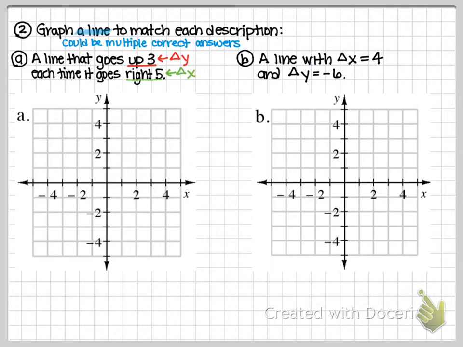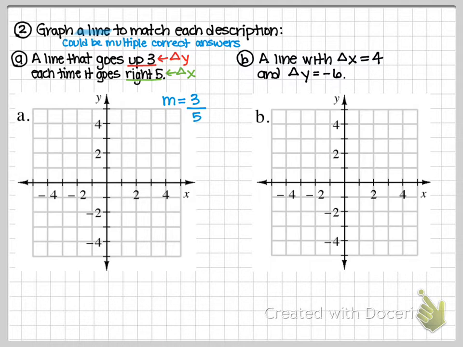Okay. So I'm going to go ahead and write what my slope is off to the side, so I know it. So m on this one is going to be, remember, y goes on top, so the up-down part goes first. So 3 over right 5. 5 goes on the bottom.